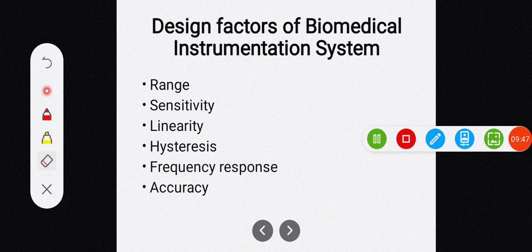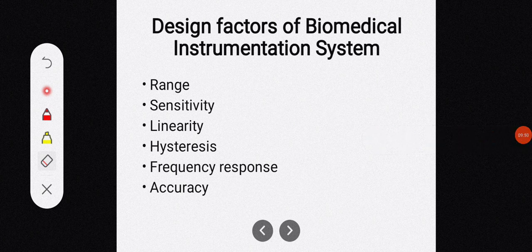And the working range: for a good instrument, in terms of linearity, a good biomedical instrument will have linearity over the entire range of the physiological parameter, amplitude or frequency.